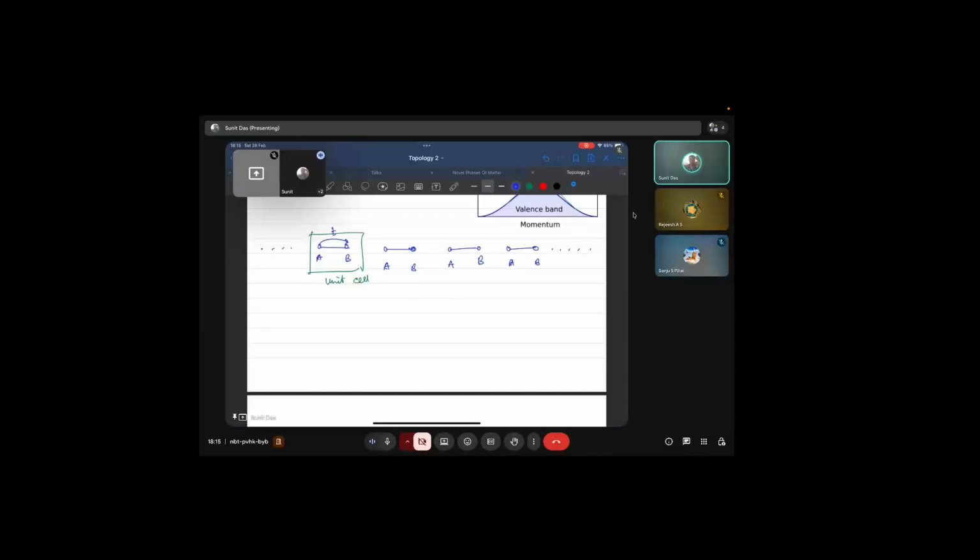So everybody is familiar with the tight binding model, right? If you are not familiar, then it will be difficult. So then maybe I will introduce it very briefly.